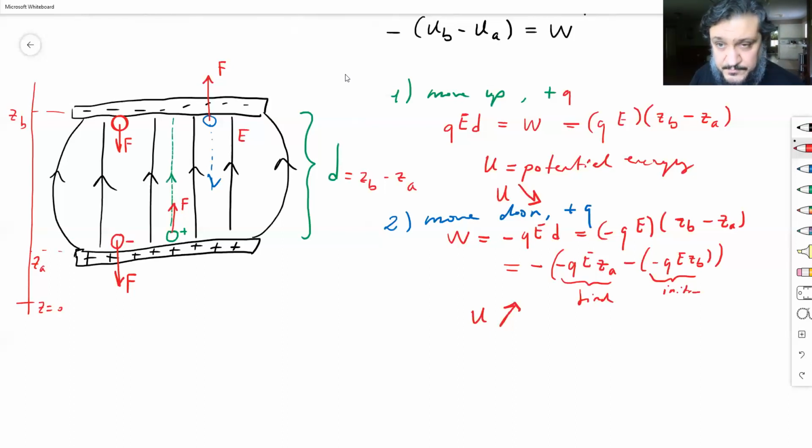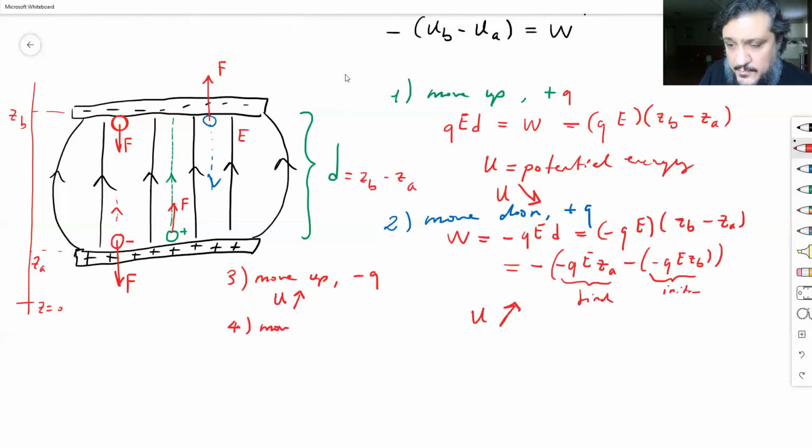So let's list those as well. Three, move up with a negative charge. If you move up with a negative charge, you're actually increasing the potential. And if you move down with a negative charge, the potential is decreasing.